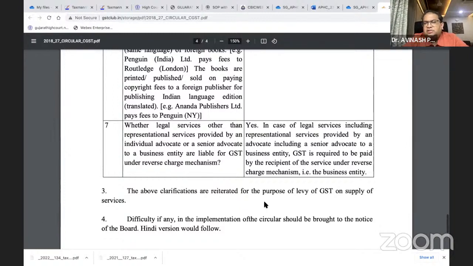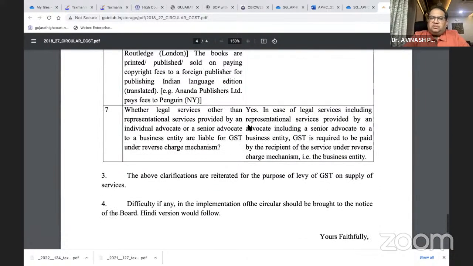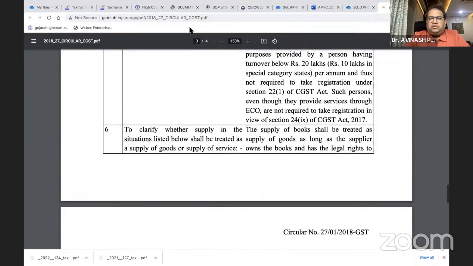In case of legal services, including representational services provided by an advocate, including a senior advocate, to a business entity, GST is required to be paid by the recipient of the service under reverse charge, that is the business entity. So it is now very clear that RCM will be applicable in all those cases. Now, this was circular number 27.